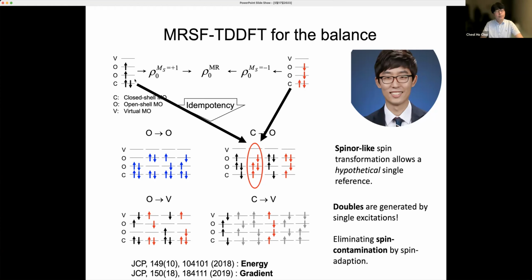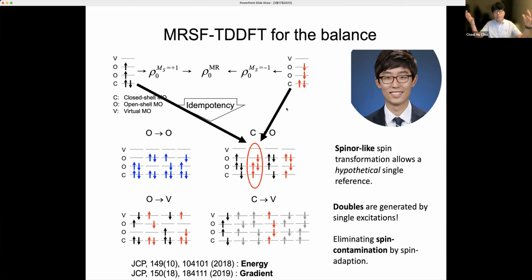But people tried to introduce higher excitations to generate these red ones to eliminate the spin contamination. Well, we have a very different idea, because we thought that these red ones can be generated by another reference, which is M_S minus 1, beta beta, by single excitation, which is very simple.